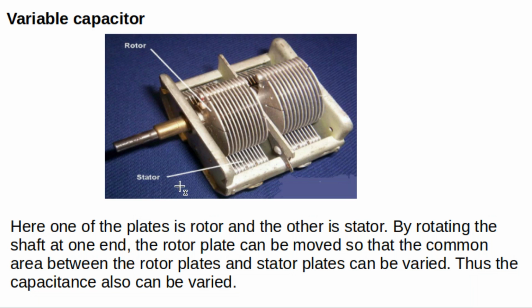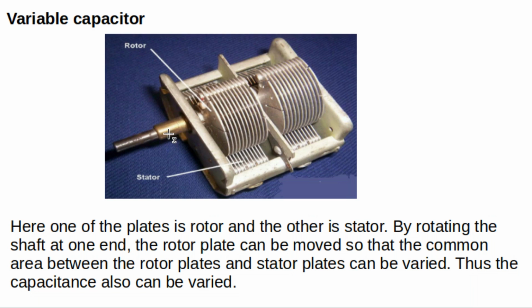In this figure you can see a variable capacitor. So now we will discuss the principle of a variable capacitor. You can see here a shaft, and to that shaft several layers of plates are connected. Even though there are several plates, all are in contact and they form one plate of the capacitor.